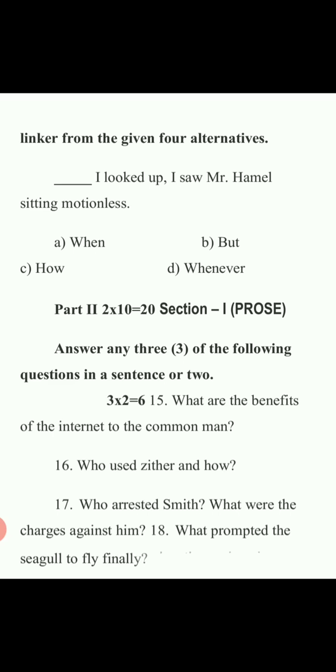Here in part 2 you have to write 10 two-mark questions. 2 into 10, 20. Section 1, prose questions. 2-mark questions. 3 questions you have to write from the prose. 4 questions are given. Choice is there. Any 3 you have to choose and write.